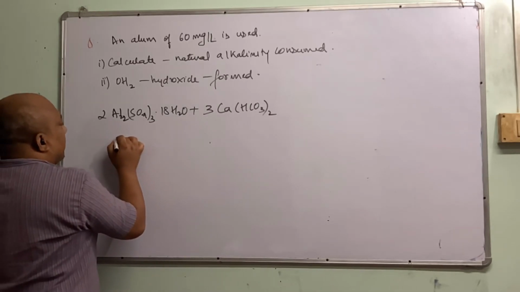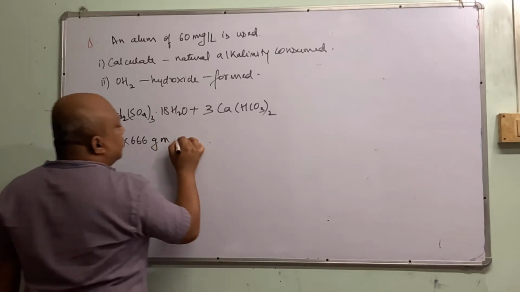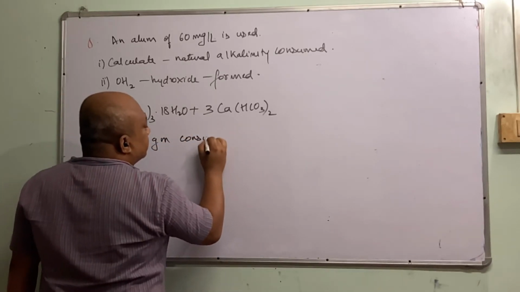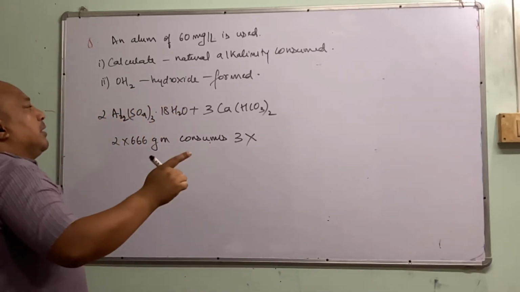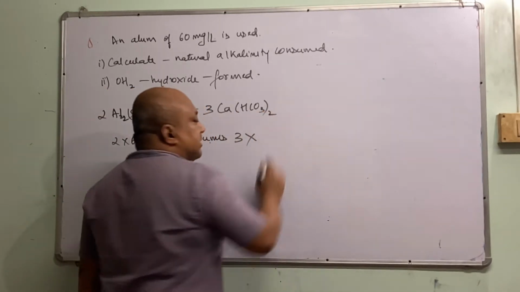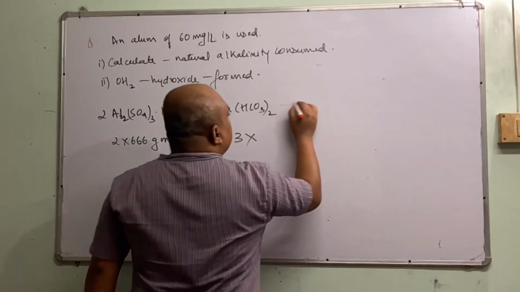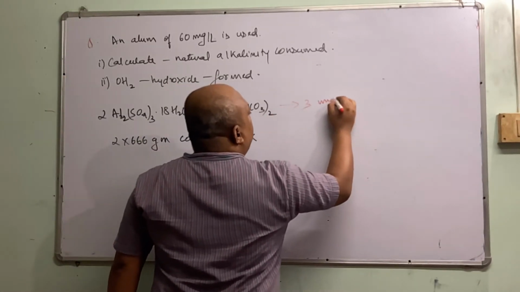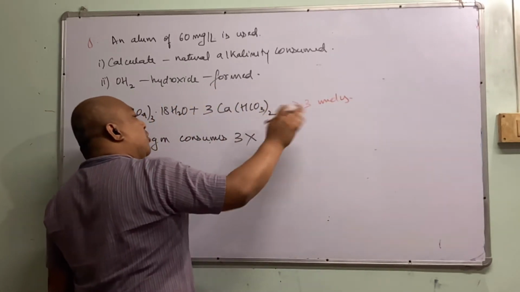Now from here, how much alkalinity is consumed, you can see over here. There is 666 gram consuming 3 moles. Don't try to calculate this part because calcium will be present or not.